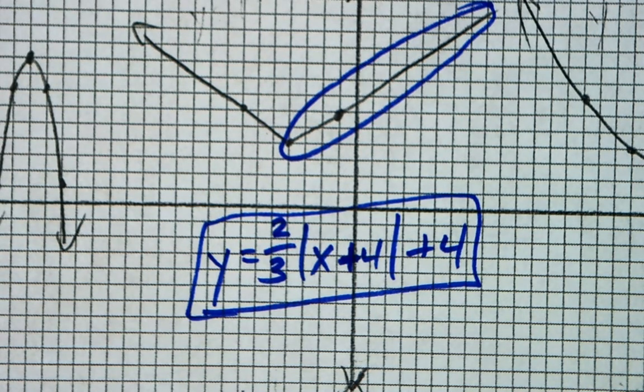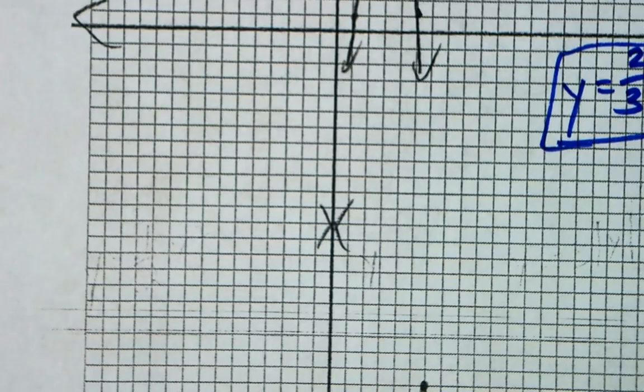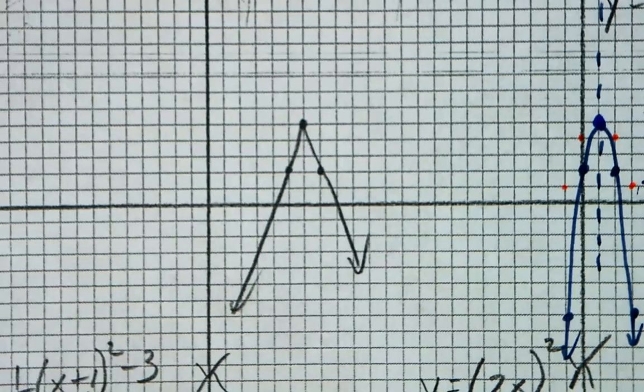So with that in mind, let's do the other absolute value. That's the first one in row 2. Let's do this one. On your own. Go for it.